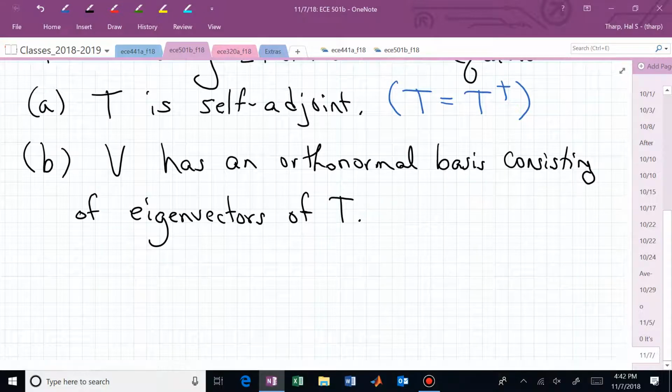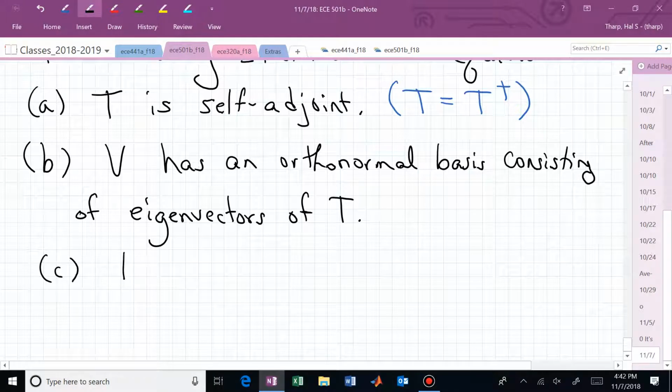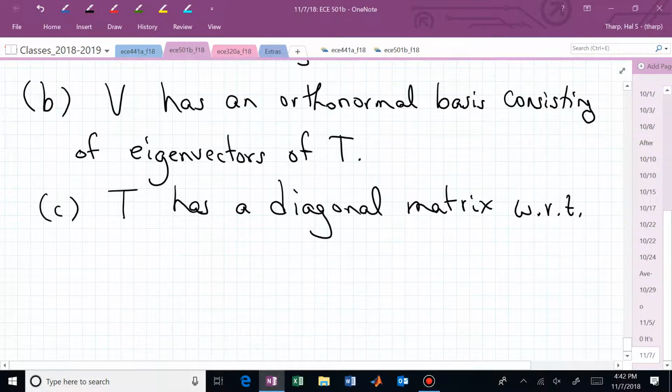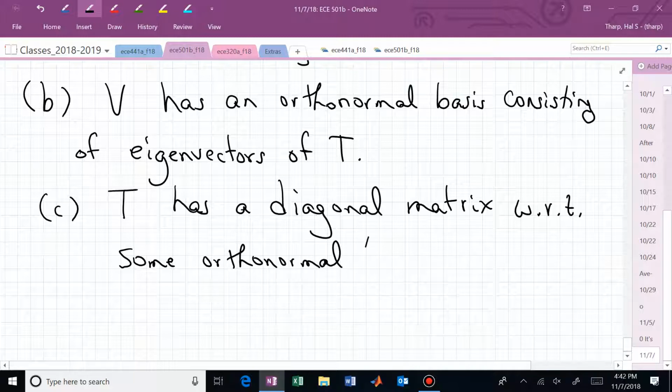Now it has to be self-adjoint. C is that T has a diagonal matrix representation with respect to some orthonormal basis of V.